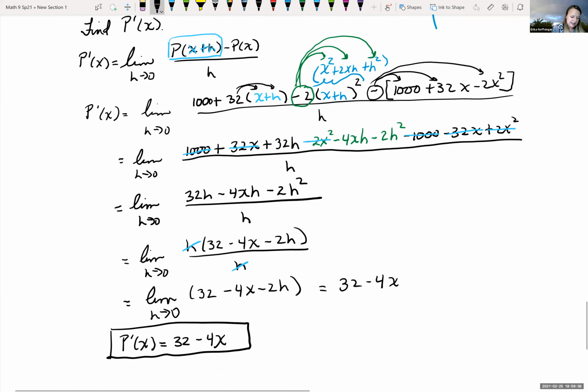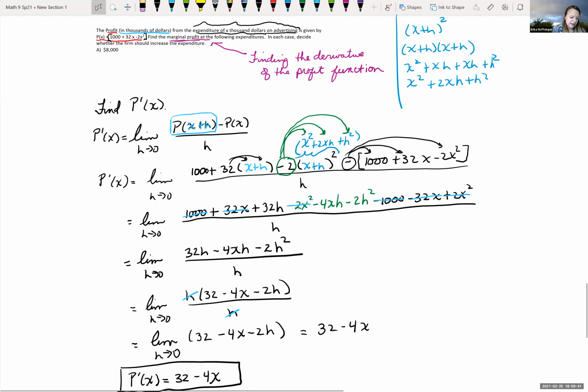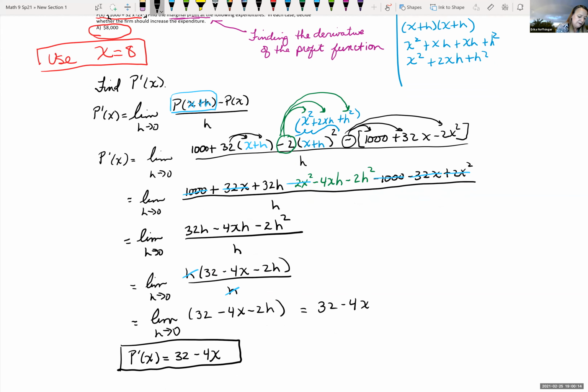So now when it asked us what is the marginal profit at $8,000, got to be careful here, because back up here, it said that x was in thousands of dollars. So for this, x equals $8,000, we're actually going to use x equals 8. And so we want to look at P prime of 8.